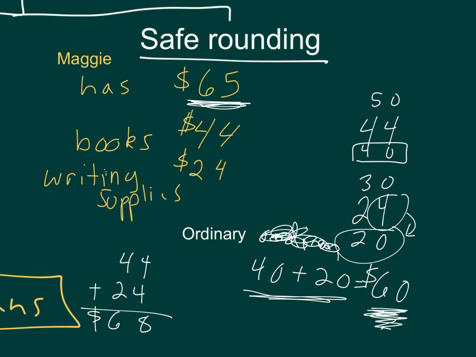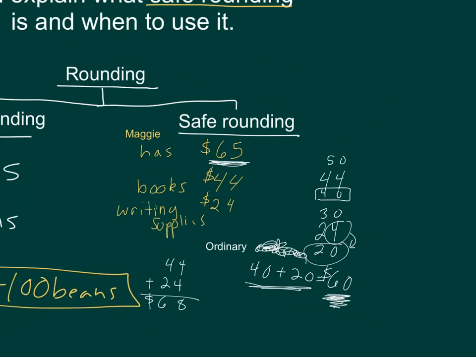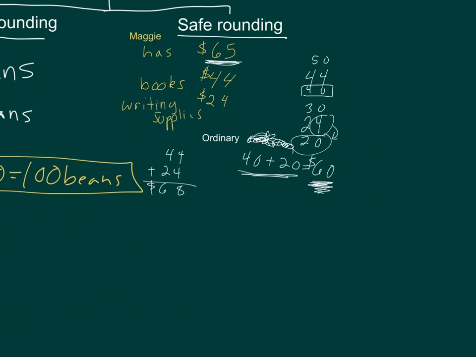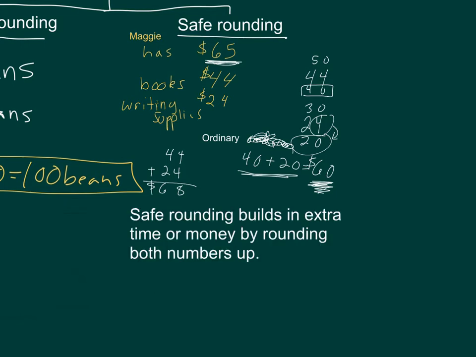We also do this when we're dealing with time. So safe rounding builds in extra time or money. So here's the big idea for today. Safe rounding builds in extra time or money to an equation by rounding both numbers up.